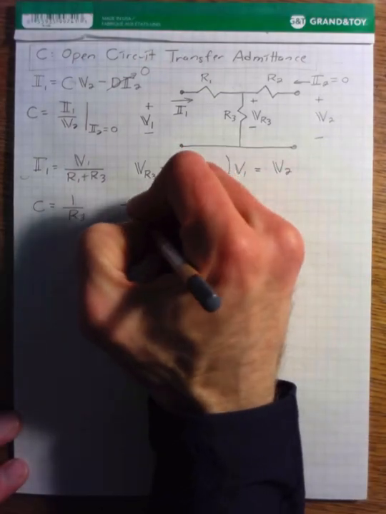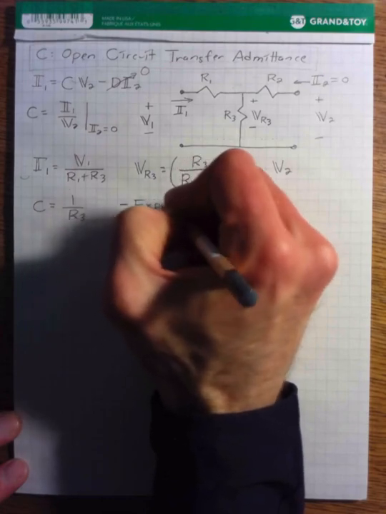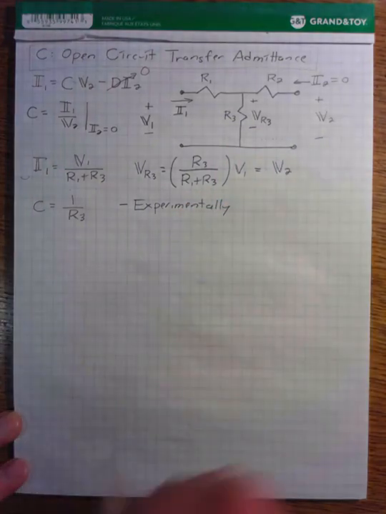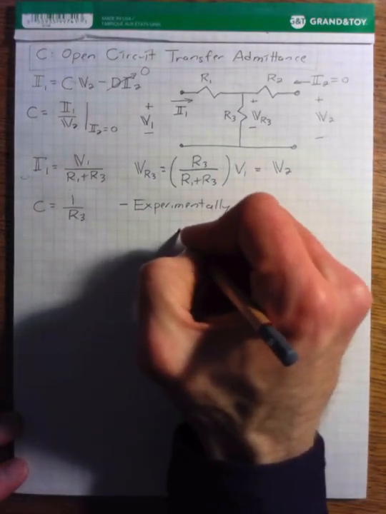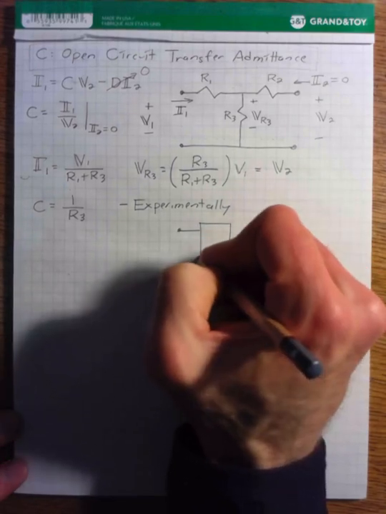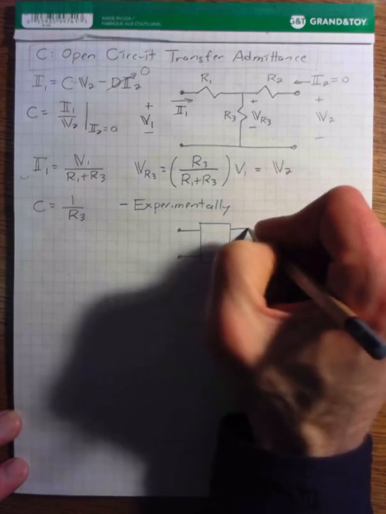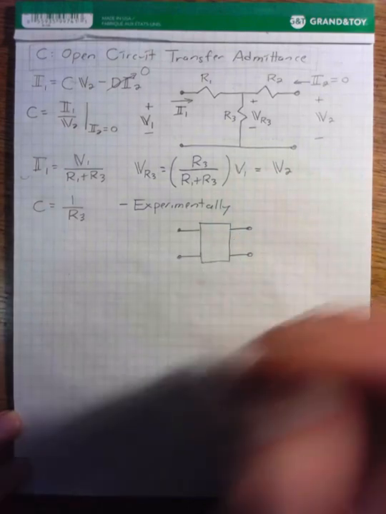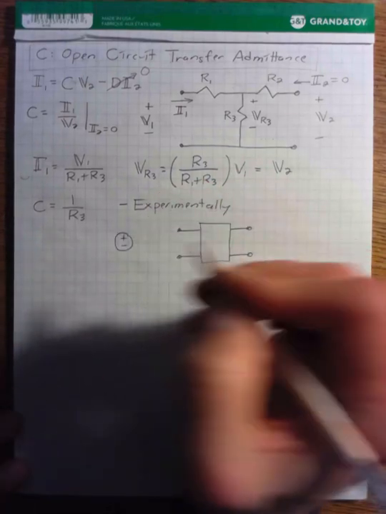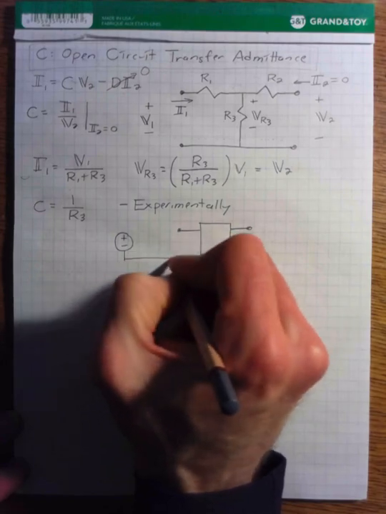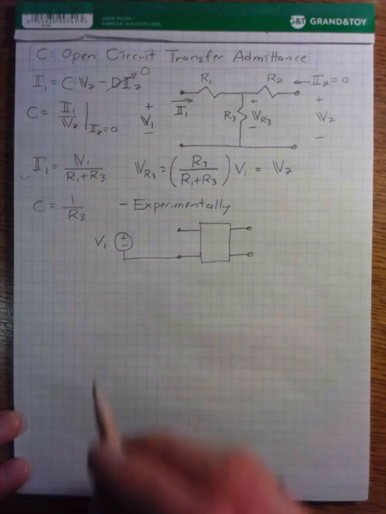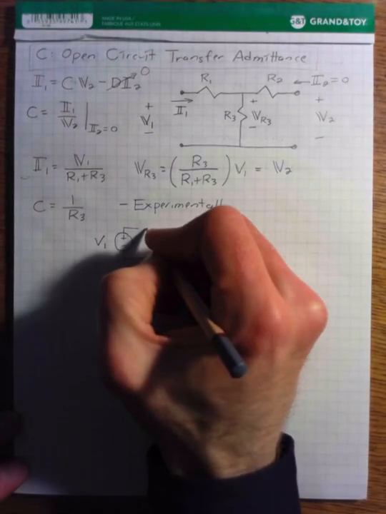Now, if we were in the lab, how would we do this experimentally? Well, we would apply a voltage, V1, across our input terminals. We don't really care about that voltage value for this particular parameter. Instead, we care about the current.